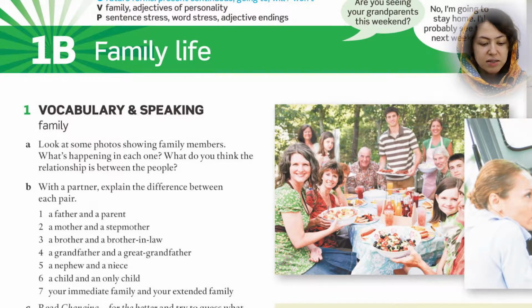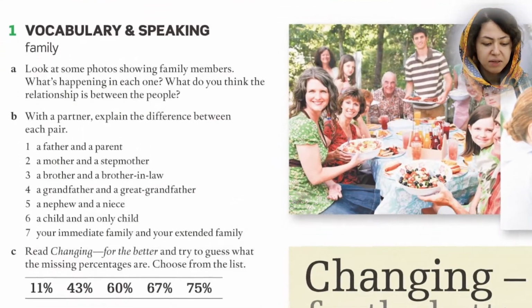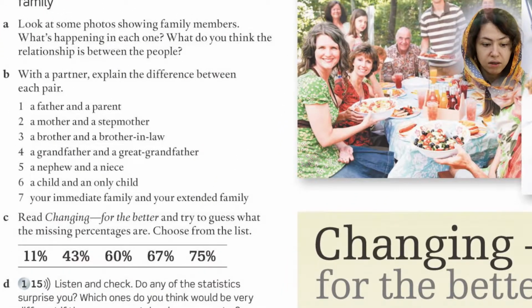Let's go. So here in Part B, vocabulary section, there are the titles that we give our family members, okay? So, a father and a parent. Father, you know that. Dad is the informal word for it.